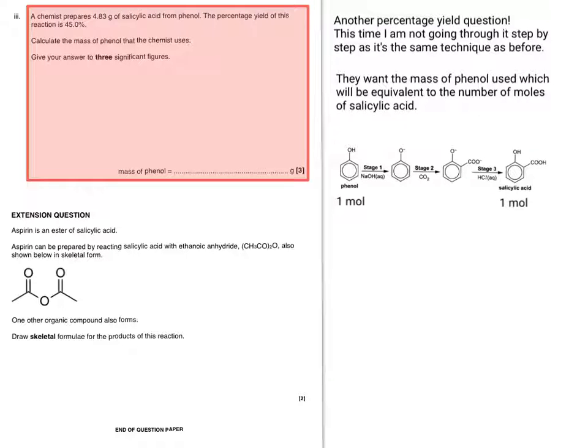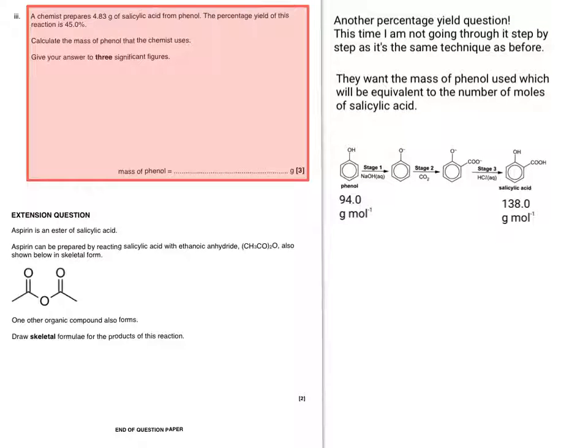So if we have a look at our original reaction scheme, and then look at the question, it says a chemist prepares 4.83 grams of salicylic acid from phenol, and the percentage yield of the reaction is 45.0%. So what we've got to do is convert the masses into moles. So we just have annotated the reaction scheme there, to tell you it's a 1-to-1 mole ratio.